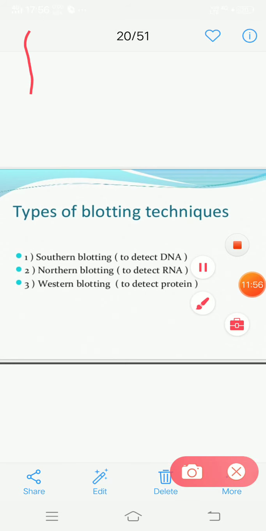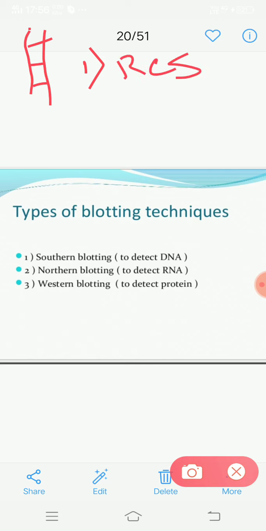Suppose this is a long chain of DNA. First of all we have to cut that DNA into small fragments. For this cutting we require the restriction enzyme, or the digestion material. So here the restriction enzyme is important. First step is digestion of DNA with the help of different digestive enzymes or restriction enzymes.